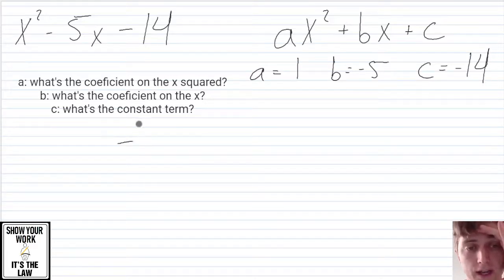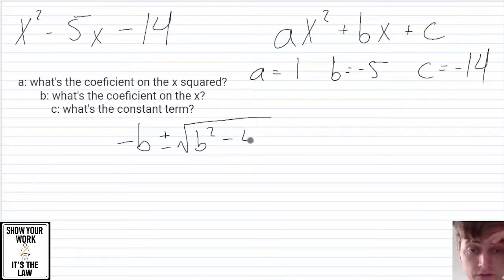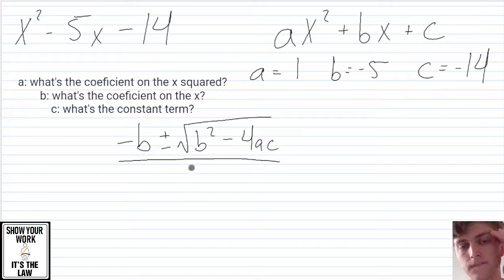So, negative b plus or minus the square root of b squared minus 4ac, over 2a. Once again, don't say anything in your head like, oh my goodness, that's complicated, that's big. I'll show you how to use it.